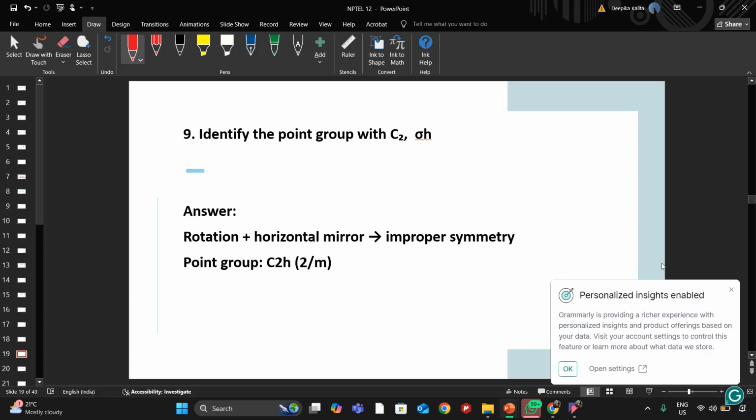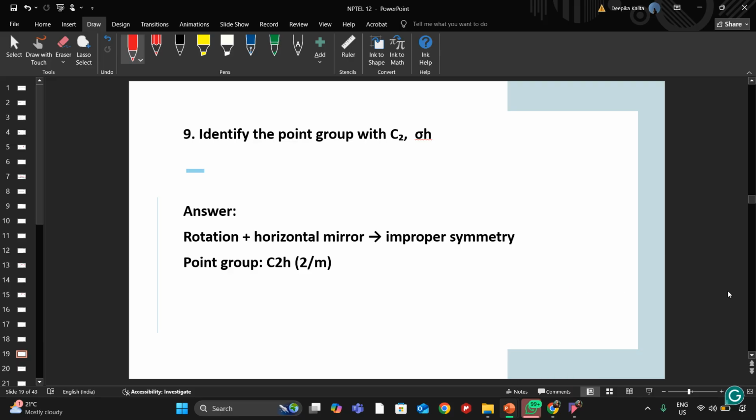So let us understand this with an example.